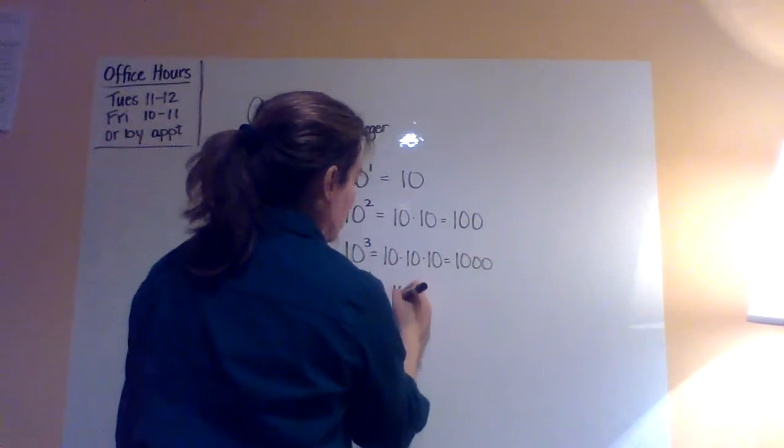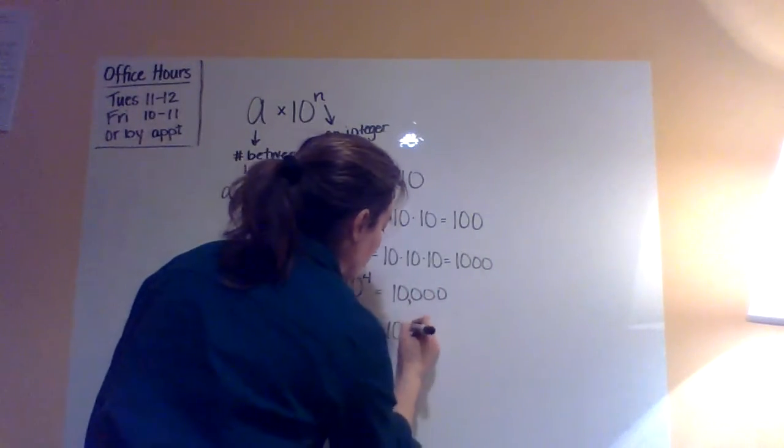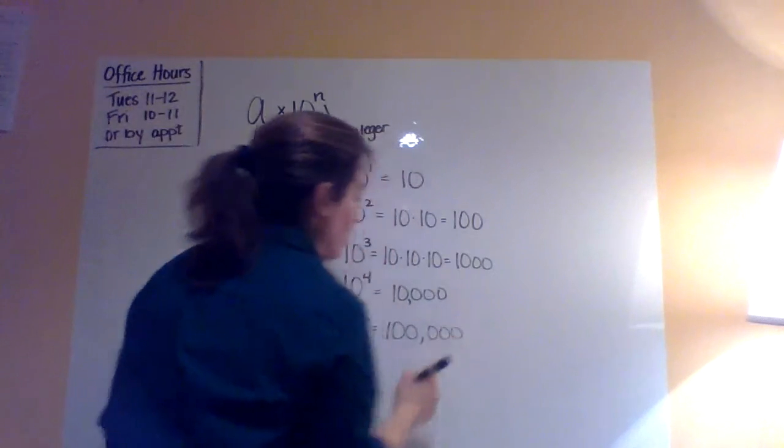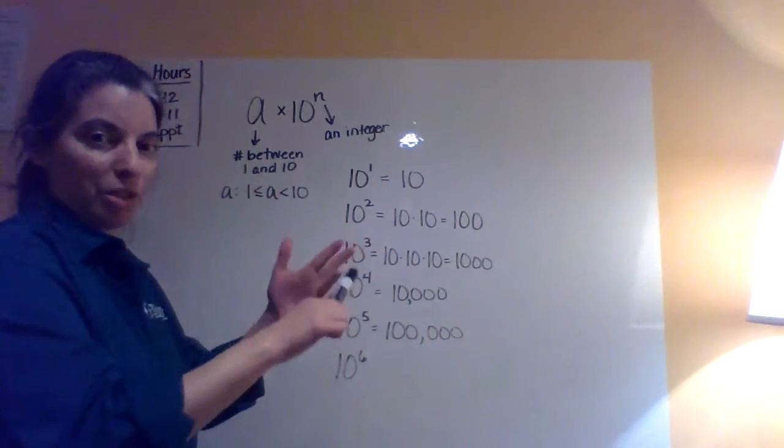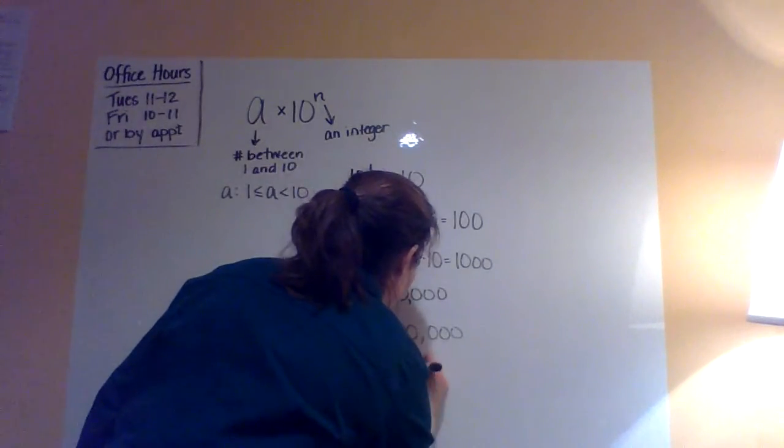Okay, and so on. So 10 to the fourth is going to be 10,000. 10 to the fifth, which again we'd get by saying 10 times 10 times 10 times 10 times 10, is 100,000. And then 10 to the sixth is 1,000,000.